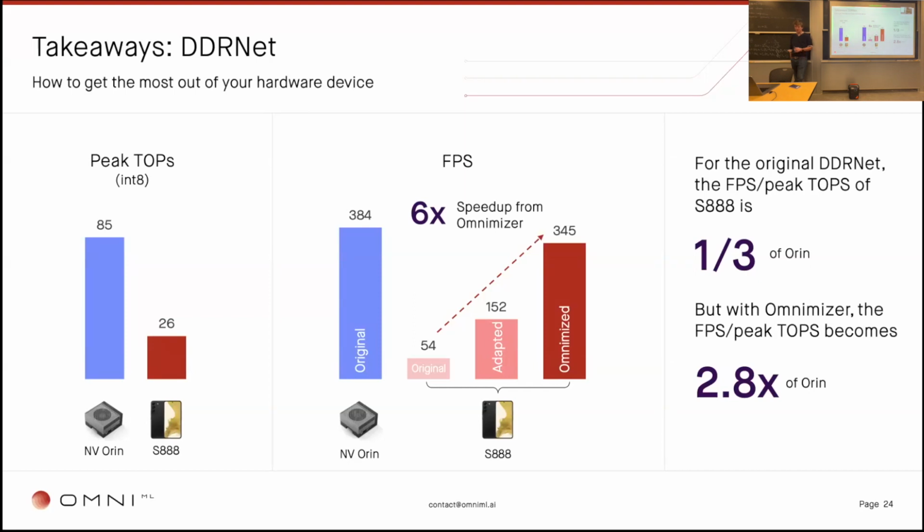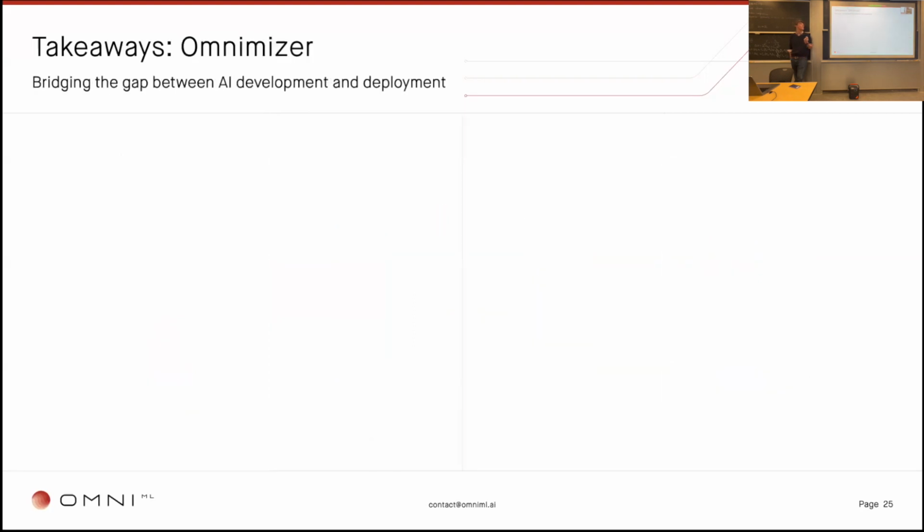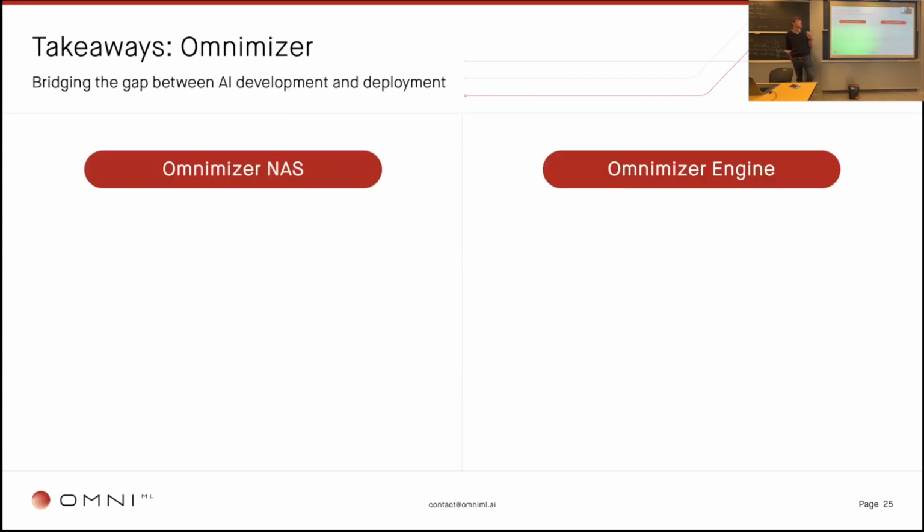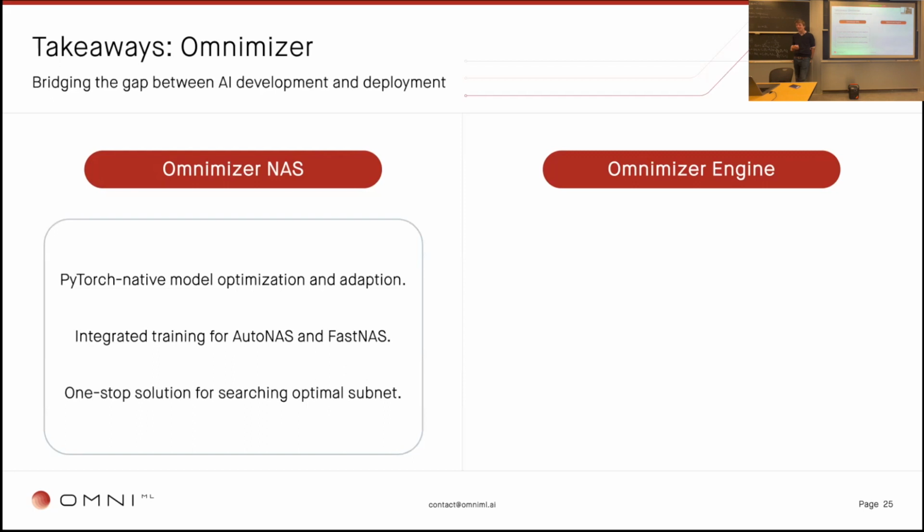Cool. Yeah, and to recap, what does Omnimizer do for you? We have two components that we talked about: Omnimizer NAS, the model optimization component, and the engine. What we provide with the NAS interface is a PyTorch native model optimization library. You can just integrate it into your existing training pipeline, and then immediately search for the optimal subnet.